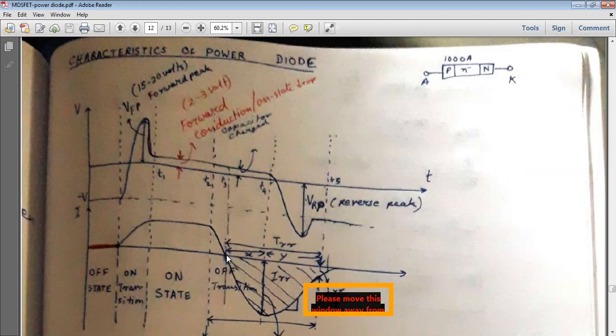That is, up to this point T4 the voltage is available and the current will go to the maximum value. After this instant, the capacitor starts discharging.